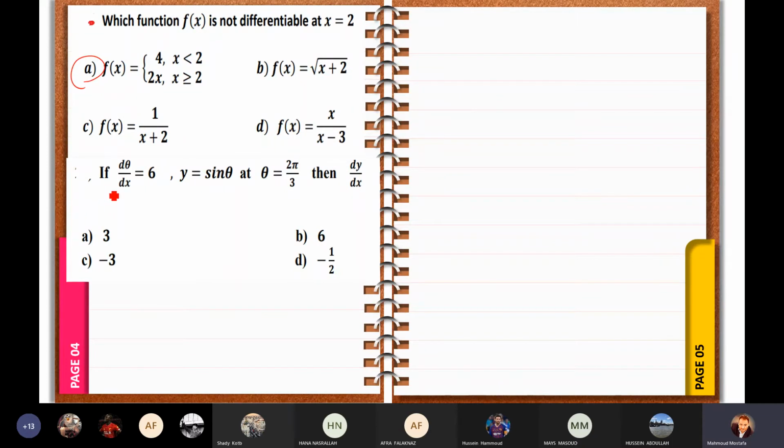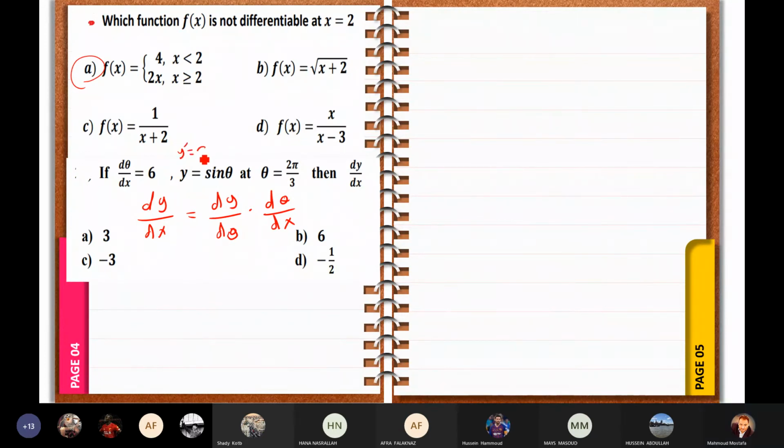Okay, if d theta over dx equals 6, y equals sine theta, and theta equals 2 pi over 3, then dy by dx equals what? dy by dx is equal to dy by d theta multiply d theta by dx. We have y, so dy by d theta means y prime.